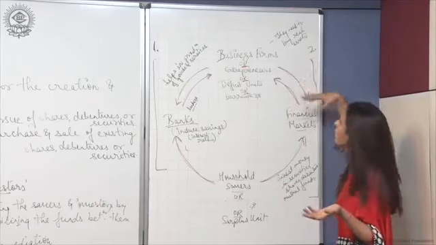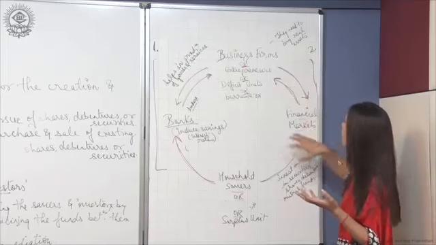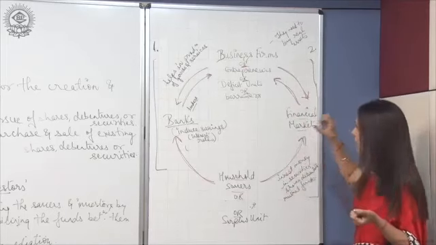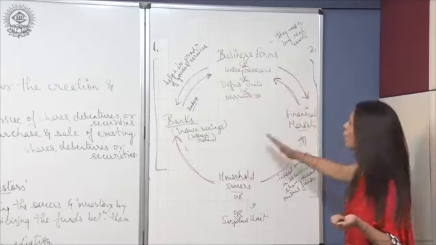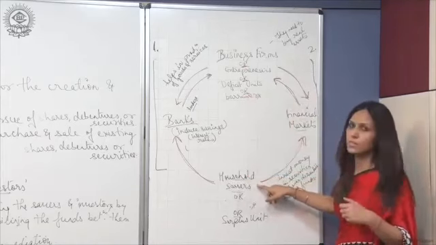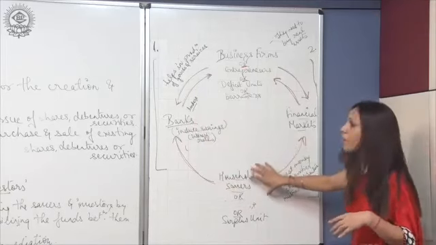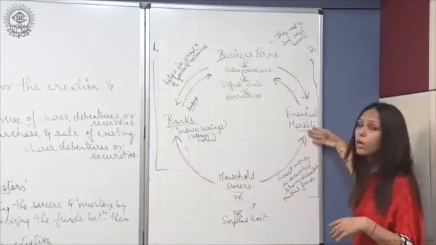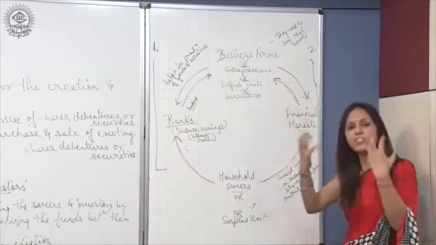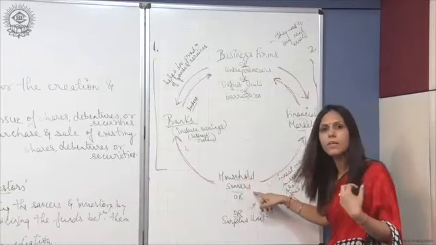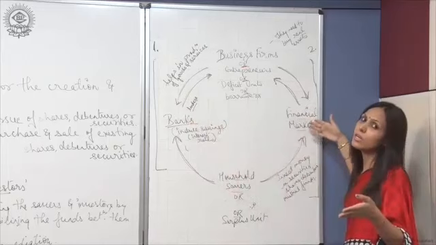These household savers not only invest their money in banks, but also in purchasing securities, shares or debentures. So these business units fetch money from the household savers through two different mediums. One is the bank and the second one is the financial market.